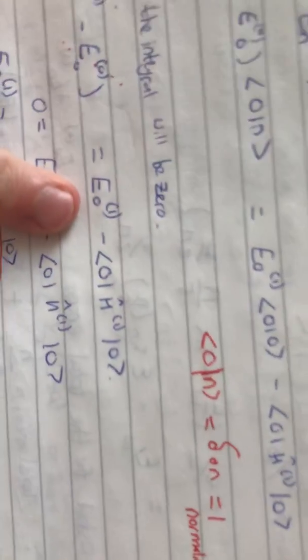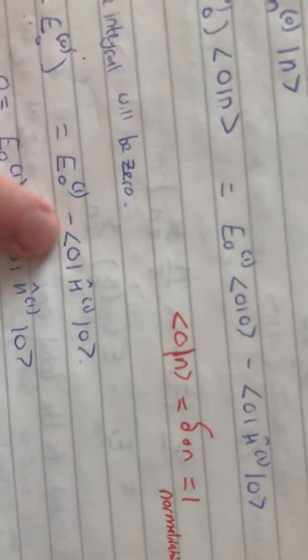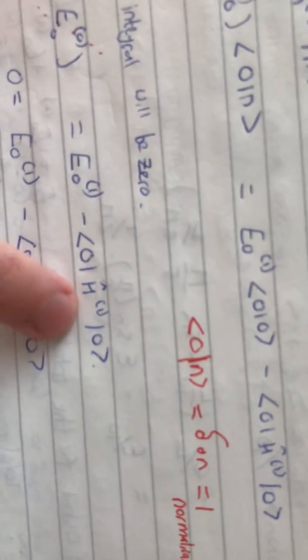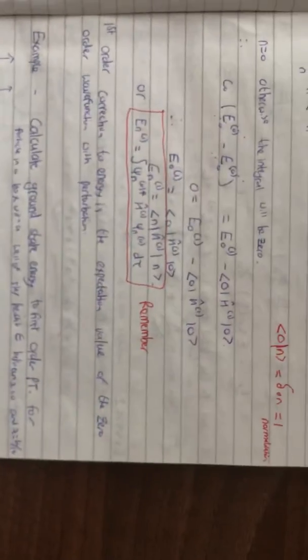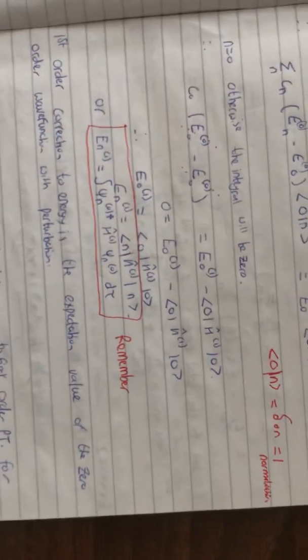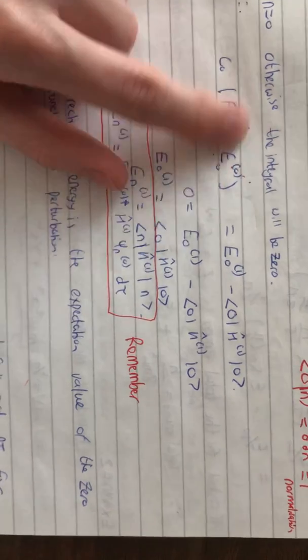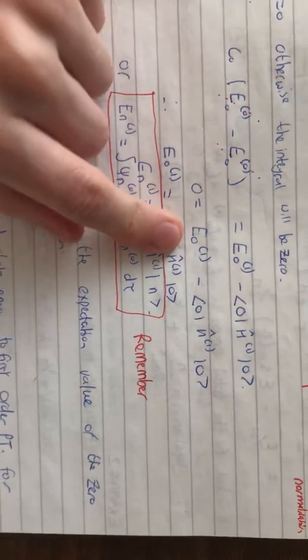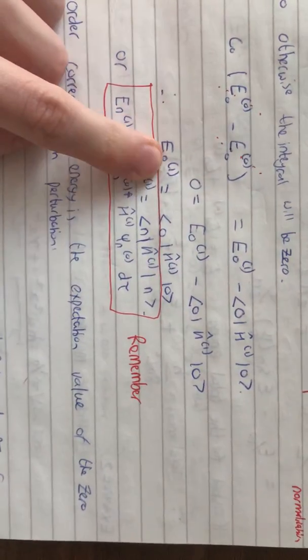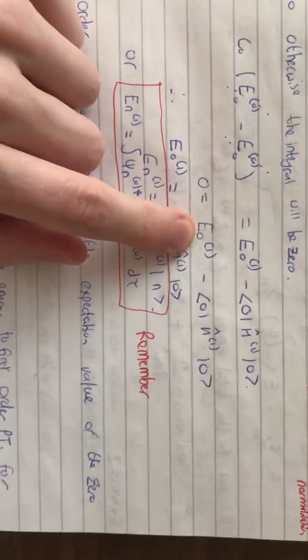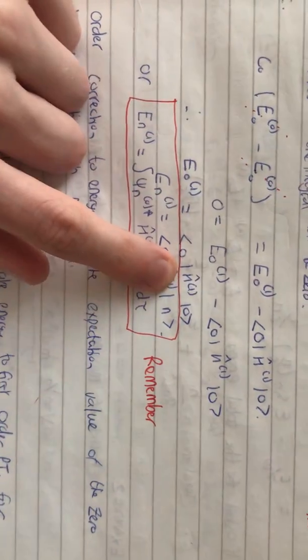Then we get E0, and we can't really change this term up much. c0 is equal to 0, or we're multiplying by 0 here, so that's going to be equal to 0, which is fine. Then if we do a bit of rearranging, we can get this equal to this.